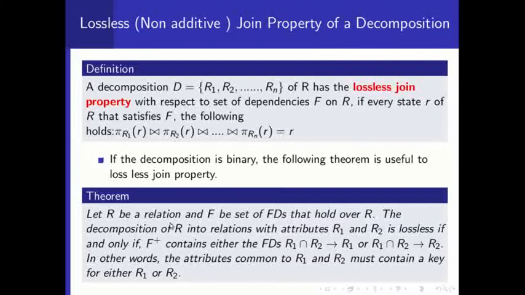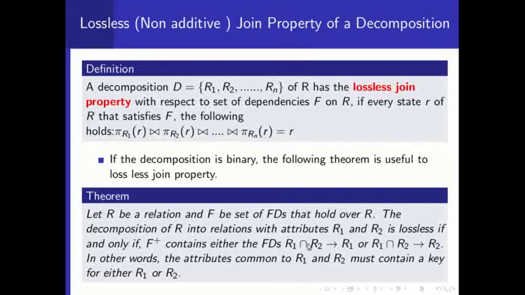Let R be a relation and F be the set of dependencies that hold over R. The decomposition of R into relations with attributes R1 and R2 is lossless if and only if F closure contains either the FD R1 intersection R2 determines R1, or R1 intersection R2 determines R2.